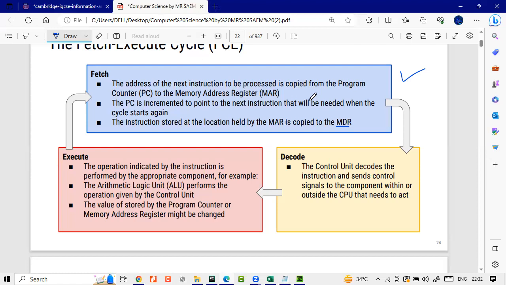The instructions being fetched are located by the MAR, but copied to the MDR, the memory data register. MAR has the address, MDR has the data. So you get the data from the MDR, the MAR holds the address, and the program counter does its job at the same time. Do you get the point? How are we relating your PC, MAR, and MDR?